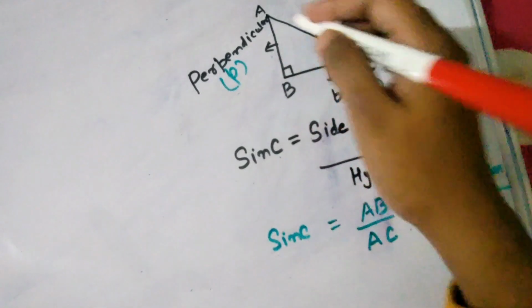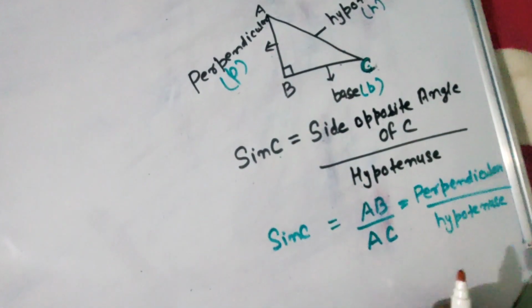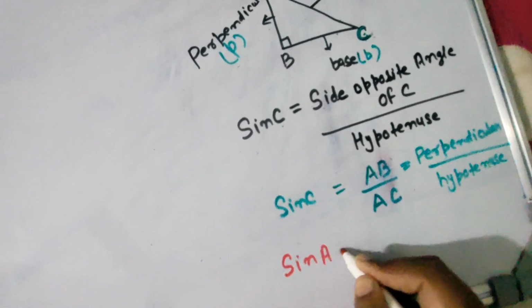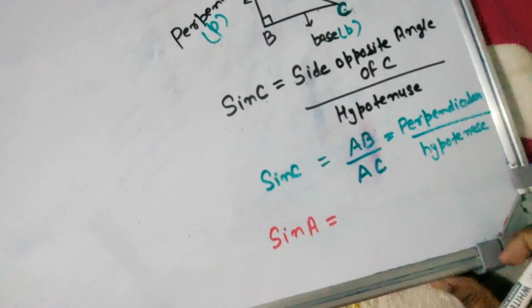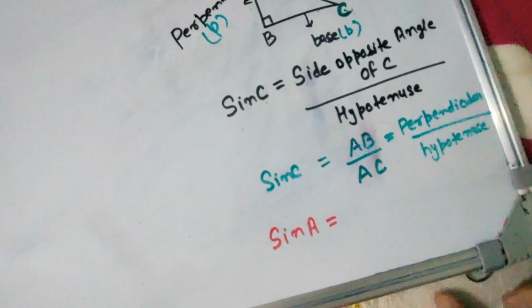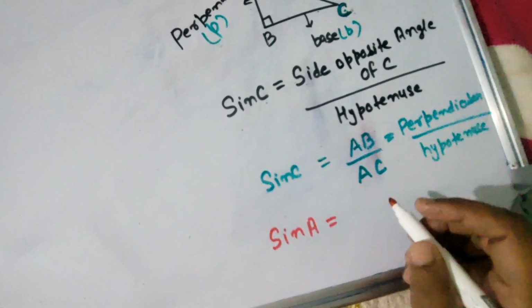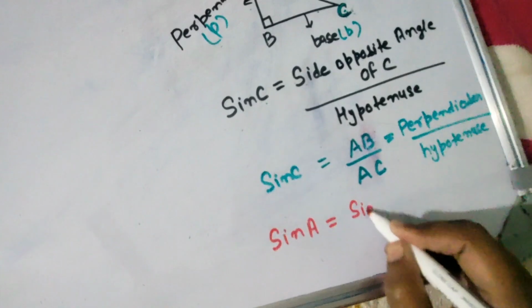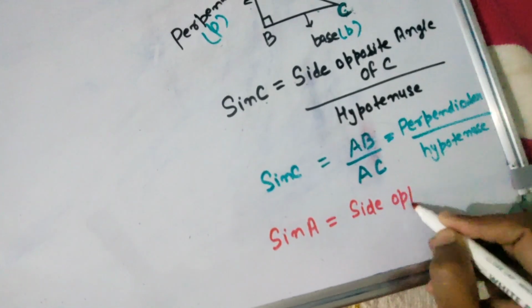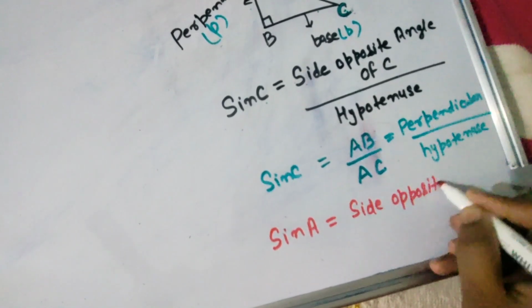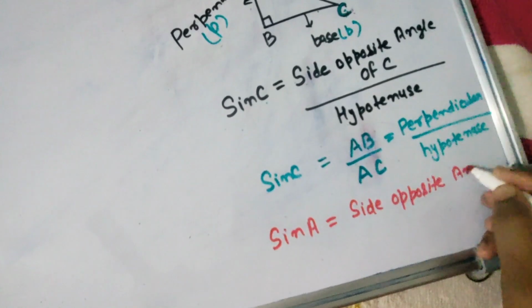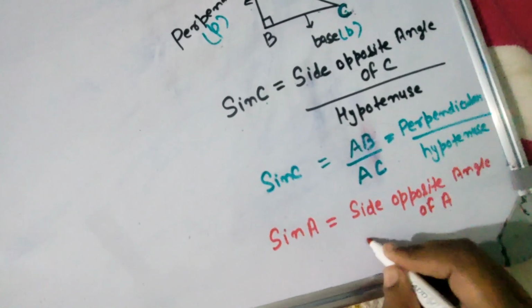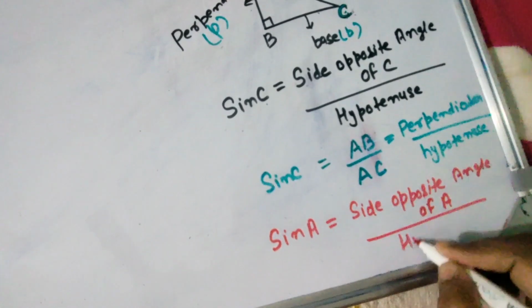AB is perpendicular and AC is hypotenuse. If you go for sin A, sine A means side opposite angle A, and the same hypotenuse.